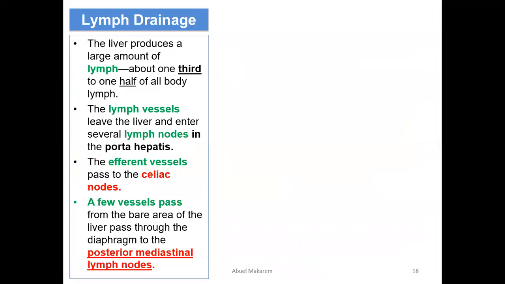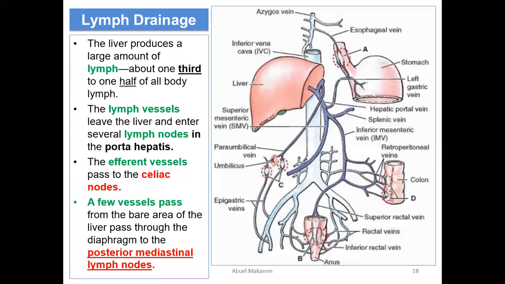Okay. Now coming to the lymphatic drainage of the liver, because it is the site of main metabolism, it will produce a large amount of lymph, about one third to one half of all the body lymph. So almost 30 to 50% of the lymph is produced here.